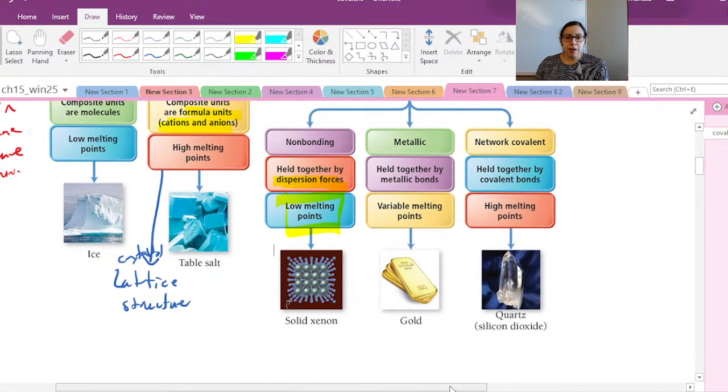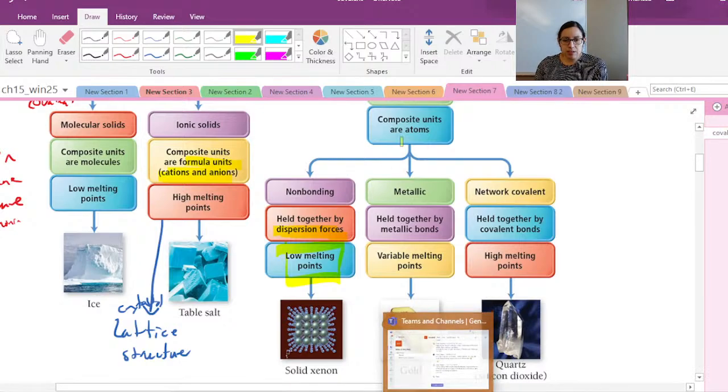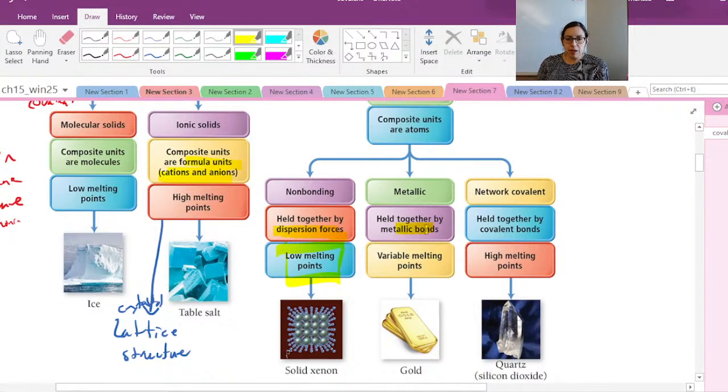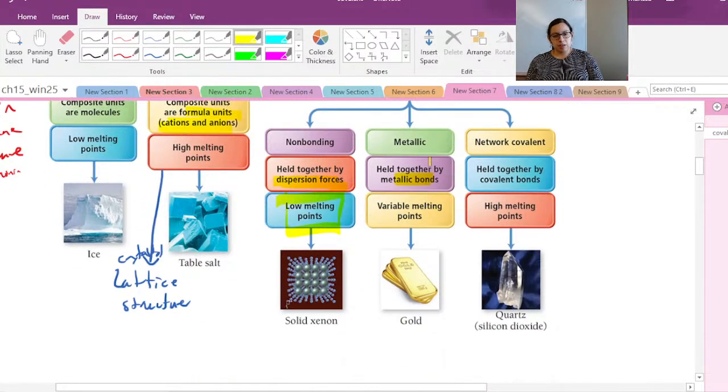And then we'll compare that to our metallic solids in a second, and what is meant by this metallic bond. They tend to be higher melting points, though, and then, of course, we'll look at why they tend to be conductive. We'll look at that. And so then we also have our network covalent compounds.